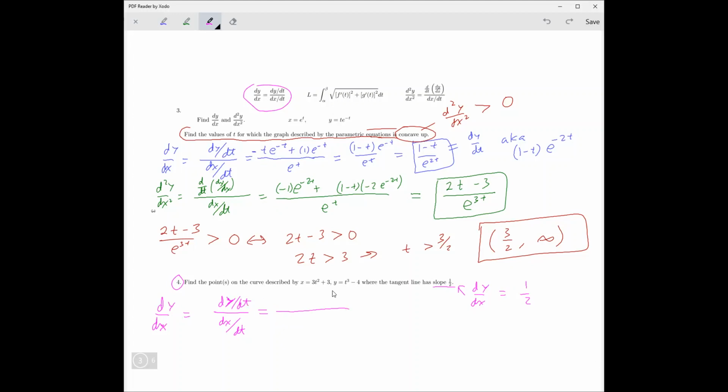Okay, so dy/dt, here's y. Derivative with respect to t is just going to be 3t squared. Here, this is x, dx/dt is going to be 6t.